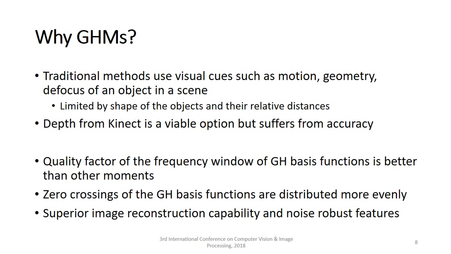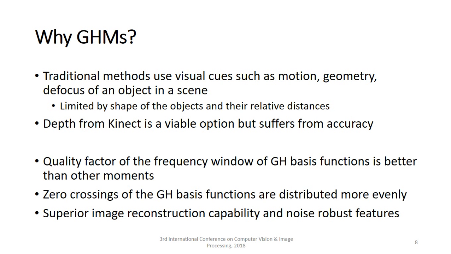So why have we chosen Gaussian-Hermite moments? Traditional methods of depth estimation use visual cues such as motion, geometry, defocus of an object in a scene. These are limited by the shape of the objects and their relative distances. Depth from Kinect is obviously a viable option because there are so many Kinect cameras available now in the market, but it suffers from accuracy.